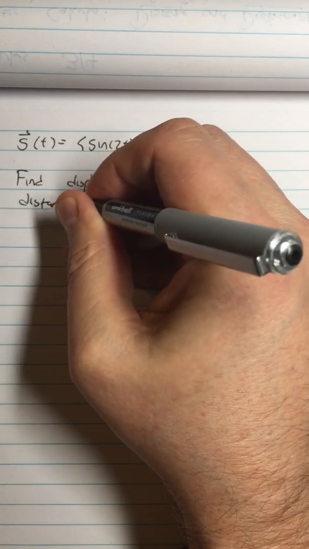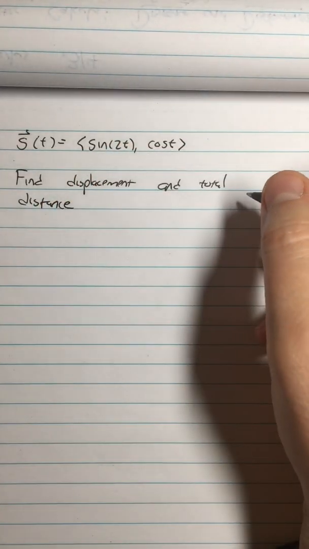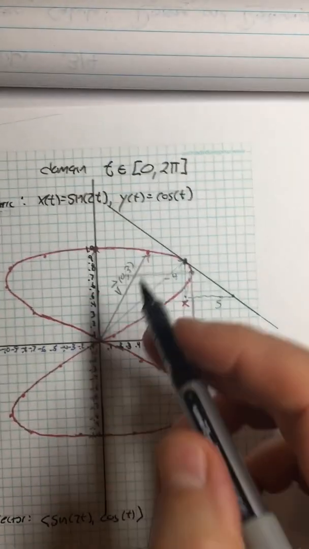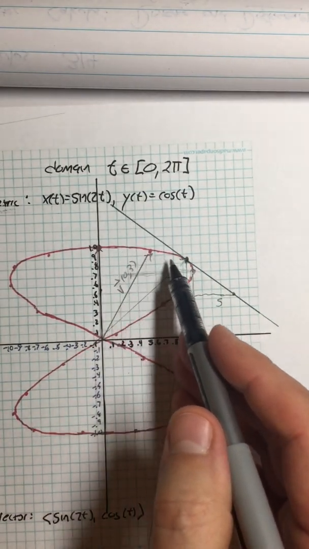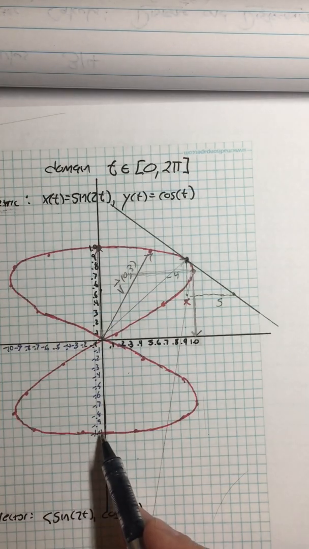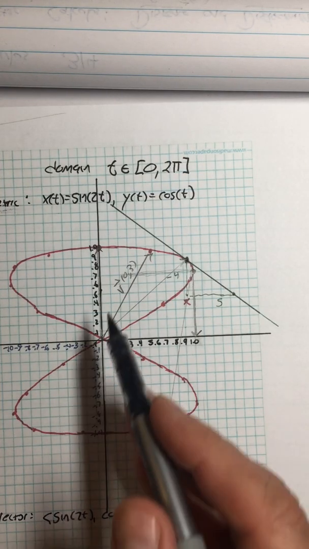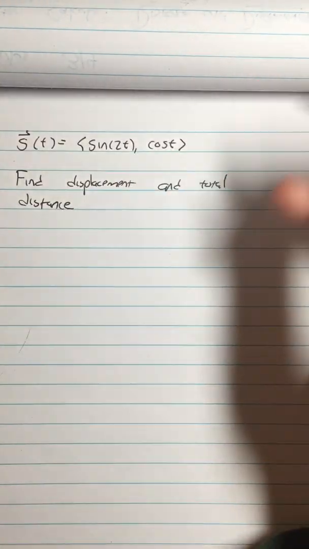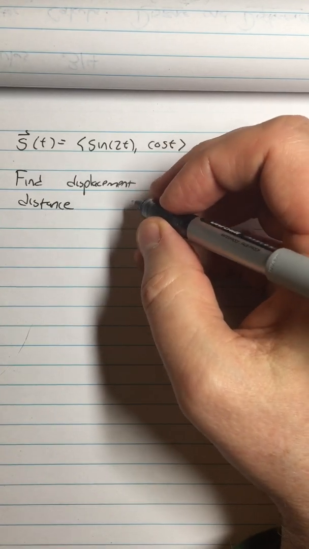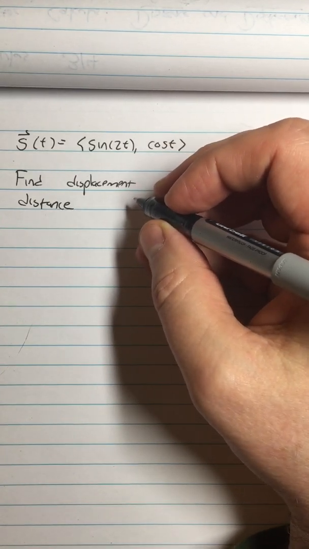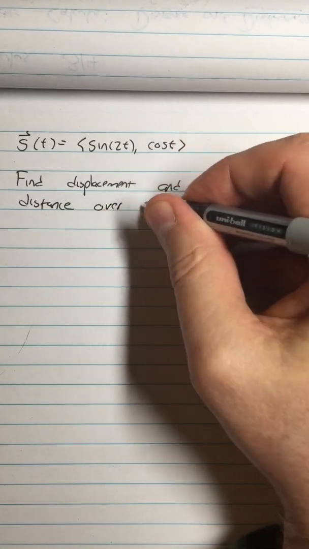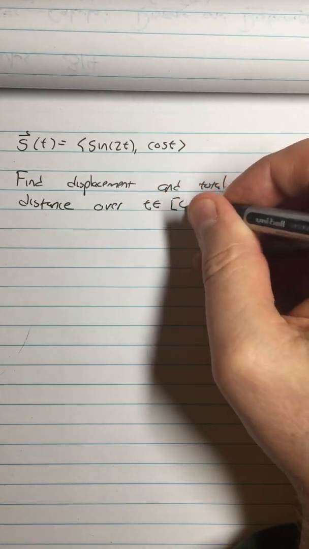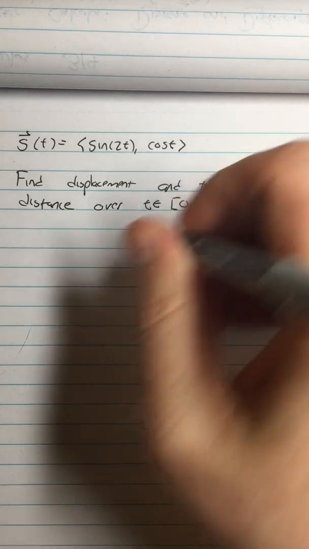Especially in a vector context, they won't necessarily say total, because you have a distance from here to here. There's no net distance. I mean, the displacement, I don't know. Sure, why not? It's total distance. You can say that if you want. Anyway, find the displacement and total distance over the interval t from 0 to pi. That's what we're going to do.